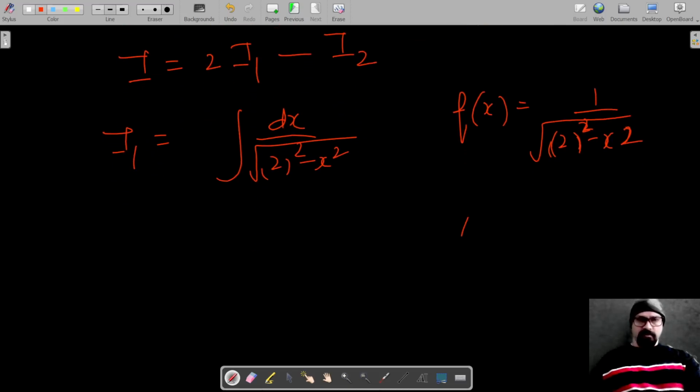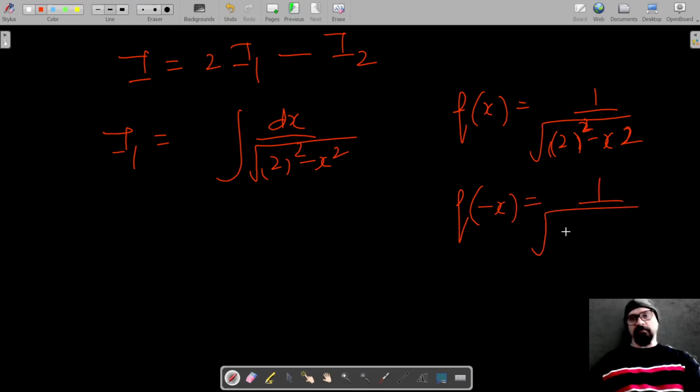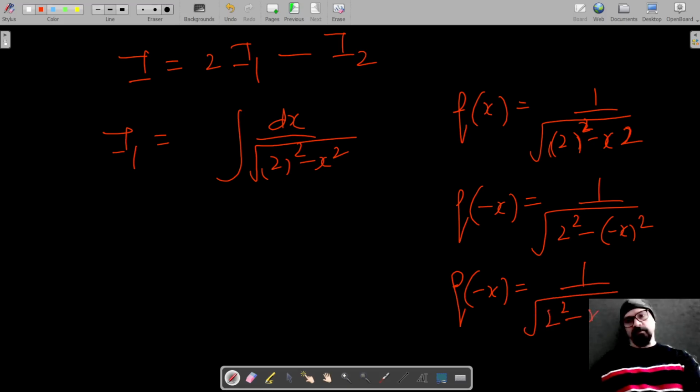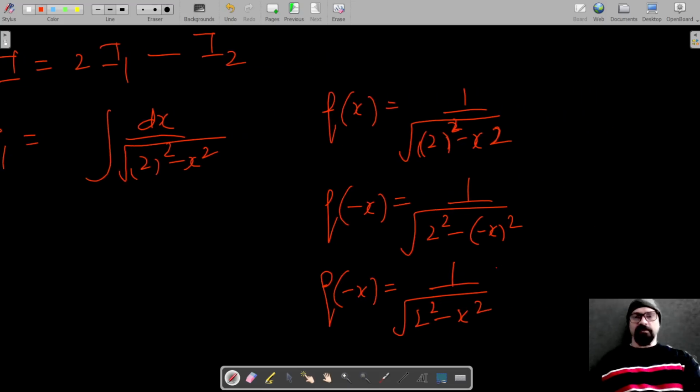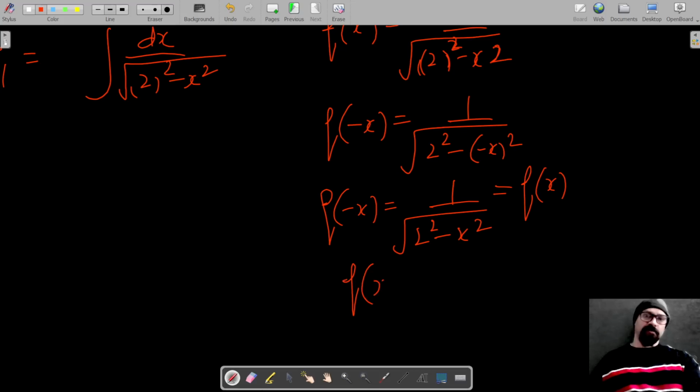Now f of negative x is equal to 1 upon under root of 2 square minus negative x square, which still gives f of negative x equal to 1 upon root of 2 square minus x square. So it still gives me f of x, which means this function is even.